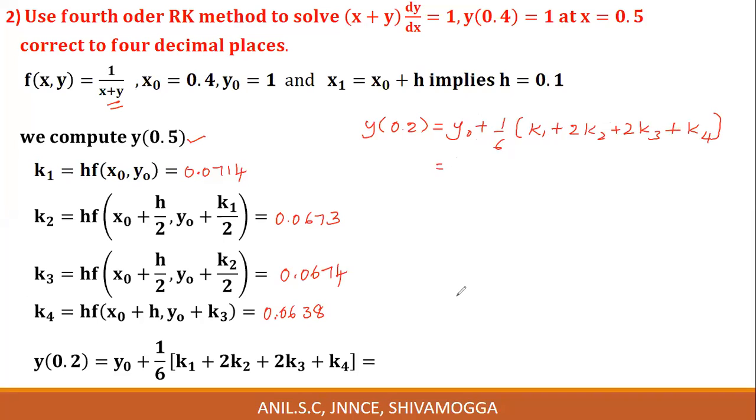Substitute, simplify. 1.0674, that's right. y of 0.2 is 1.0667.